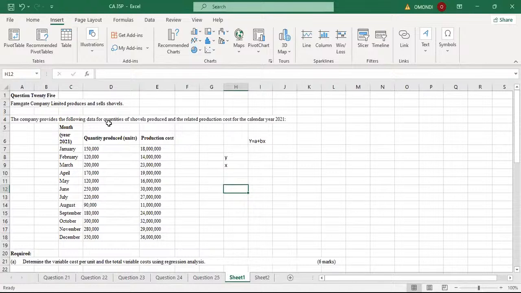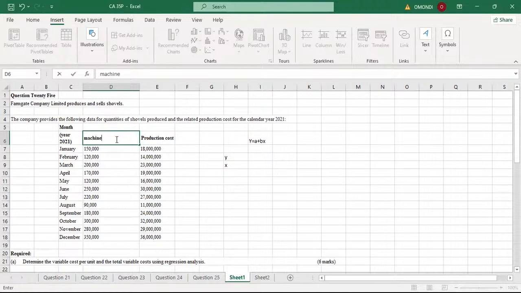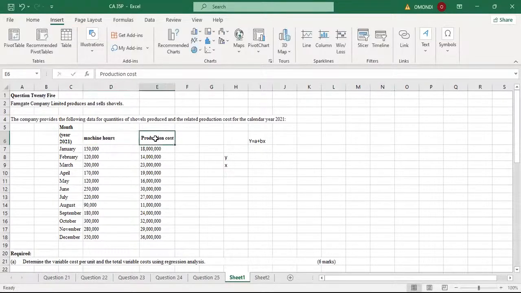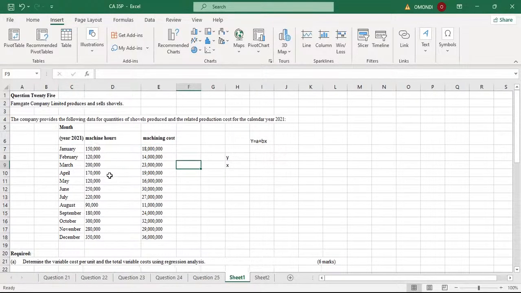What if I change these titles to machine hours? Then I make this one here to be machining costs, these are variable overheads, which are dependent on maybe something. So we have machine hours, then we have machining costs.